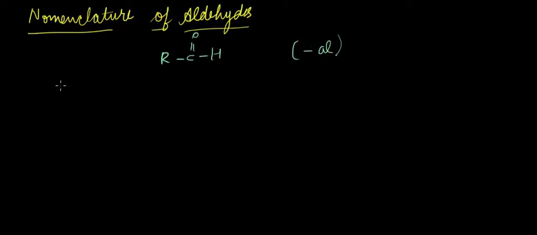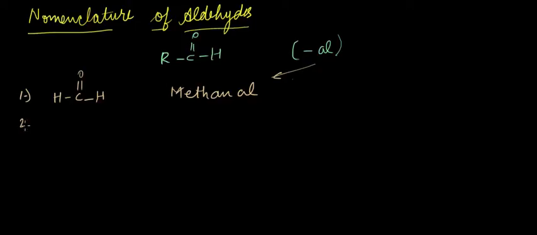The suffix for alcohol was ol. For aldehyde it's al. And let me start off with some examples. We have this aldehyde. The word root would be meth, and the suffix for aldehydes is al.